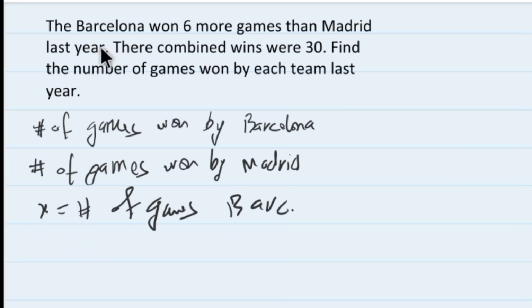Now how? If we read the problem, it says Barcelona won 6 more games than Madrid. Since we have supposed Barcelona won x games, and Barcelona won 6 more games than Madrid last year, it means Madrid won 6 fewer games than Barcelona.